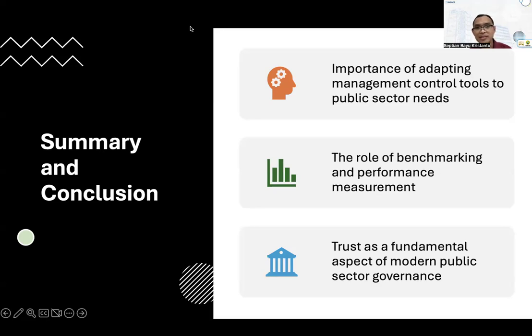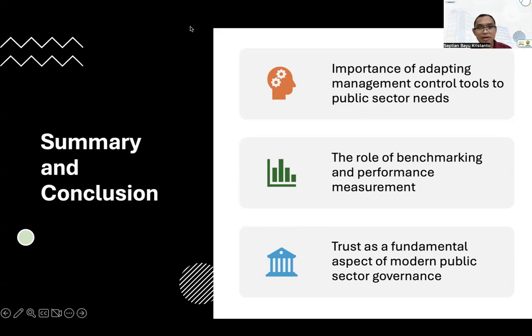The second one is about creating benchmarks to ensure that our performance is measurable and reliable, and can also bring growth and positive results, creating high trust from the citizens to the bureaucrats.